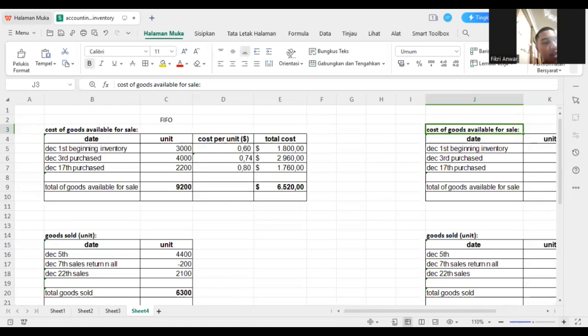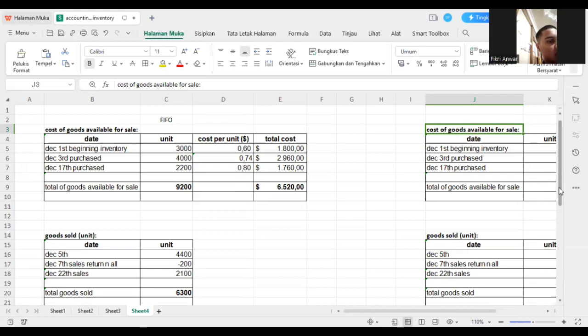So 60 times 3,000, the total is 1,800. The next one is on the 3rd of December, we have a purchase of 4,000 units, and for cost per unit, we have $74. And $74 times 4,000, the total is 2,960.